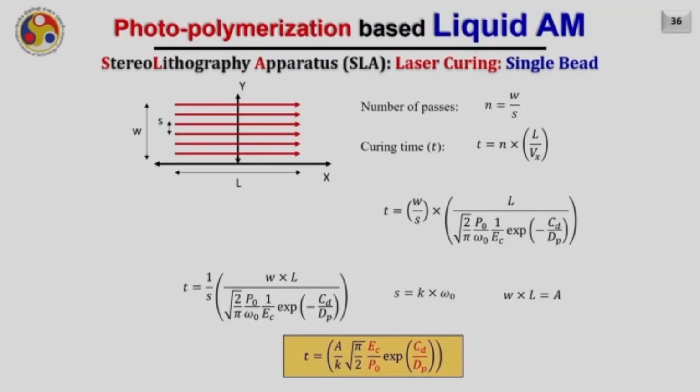Now, if I have an entire wet photopolymer bed, let me try to find out the time required to scan the entire wet photopolymer bed. Assuming that there is no specific cross section to be scanned, the entire bed has to be scanned. So, assume that the length of the bed is capital L and the distance between two consecutive passes is S. Why this distance and how much should be this distance, we will discuss when we discuss multi-bead scanning.